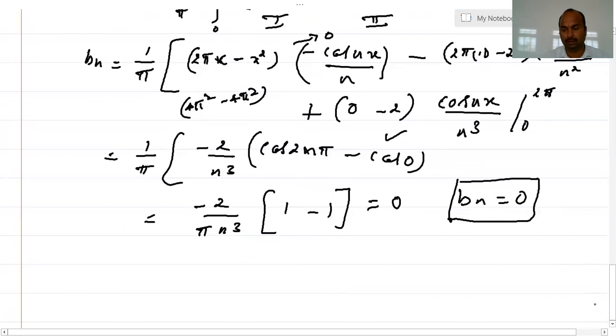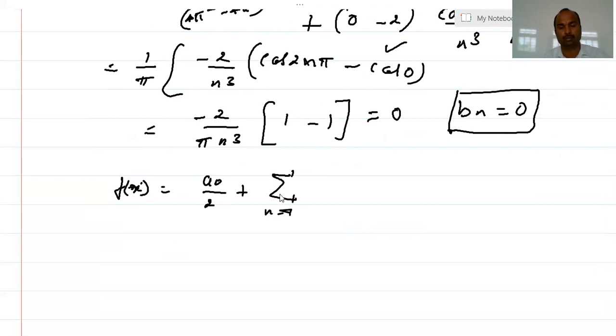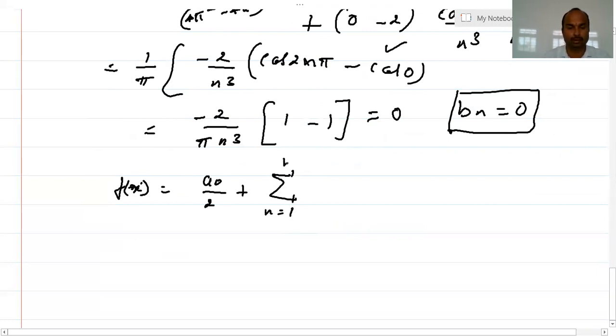So now I'll write the Fourier series expansion. That is f of x is equal to a naught by 2 plus summation n equals 1 to infinity an cos nx plus summation n equals 1 to infinity bn sin nx.